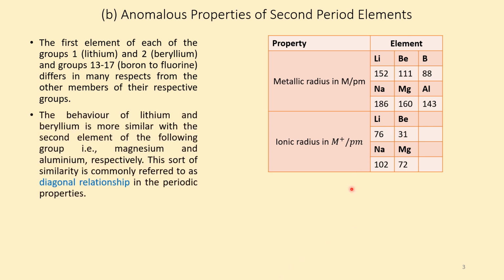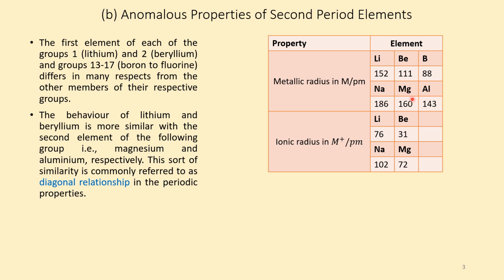The behavior of lithium and beryllium is more similar to the second element of the following group, that is magnesium and aluminum respectively.